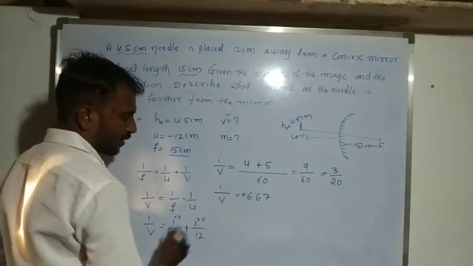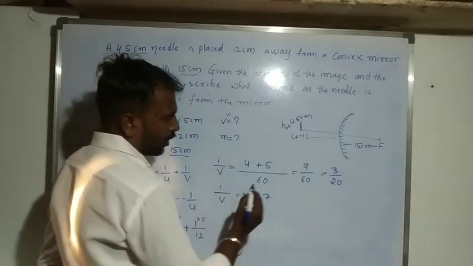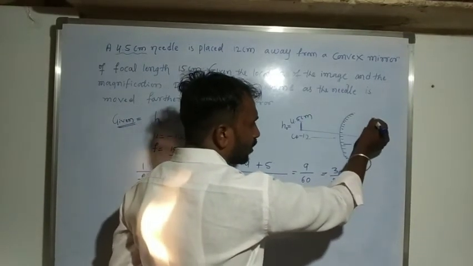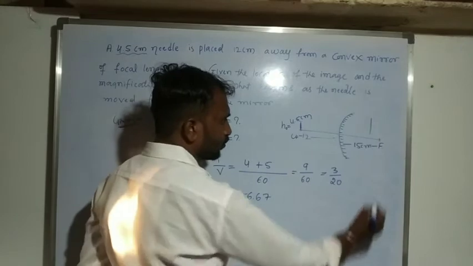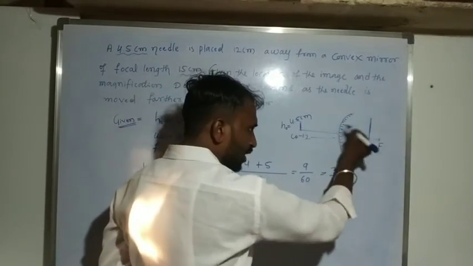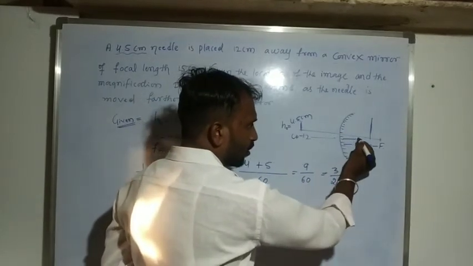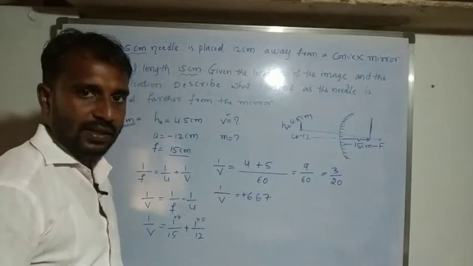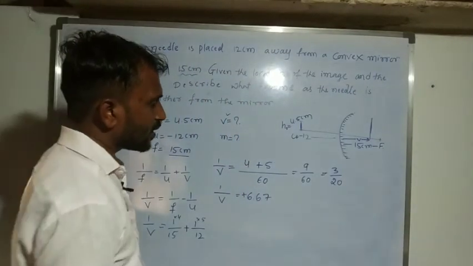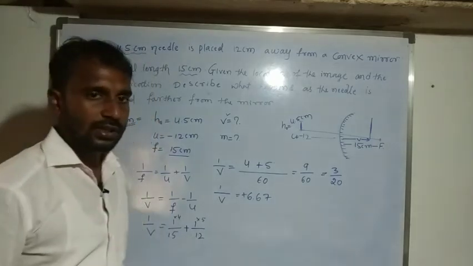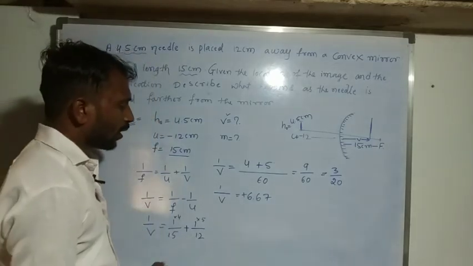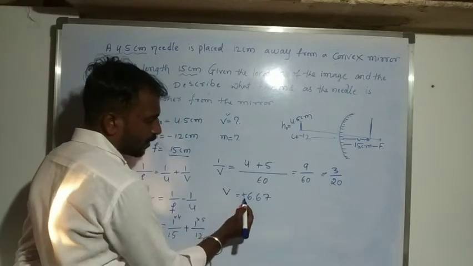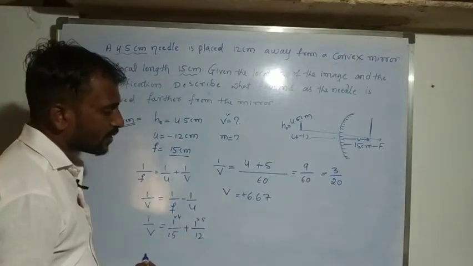Why here do we consider it positive? Because the image is formed beyond the mirror, along the direction of incident ray. For this reason we consider it positive. Okay, V is equal to plus 6.67.